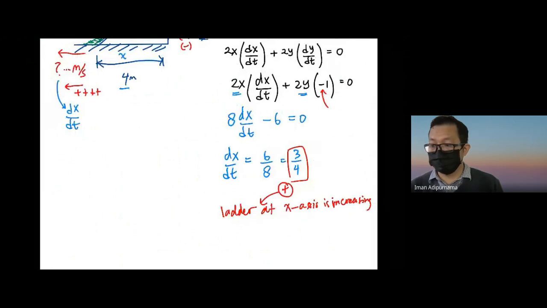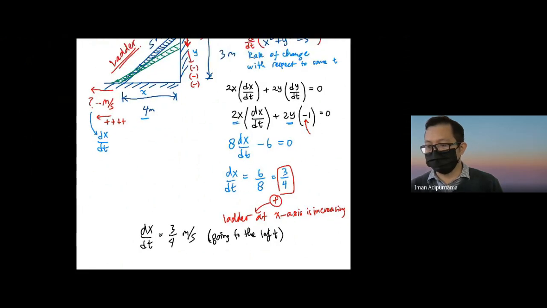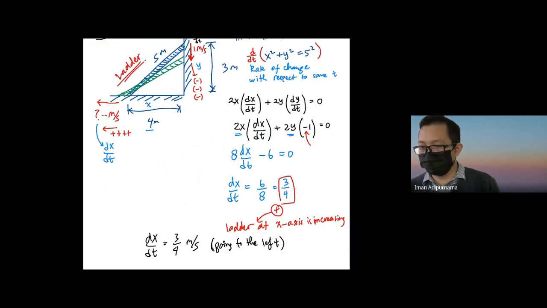So I can say that dx dt is equal to 3/4 meter per second and it's going to the left. Okay.